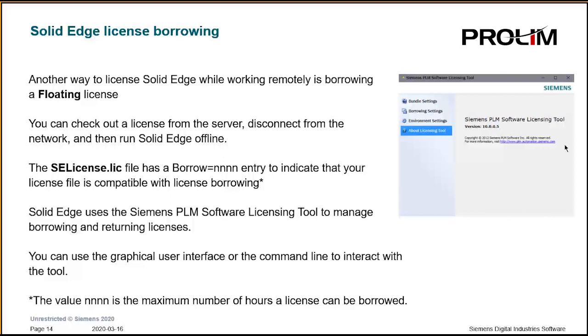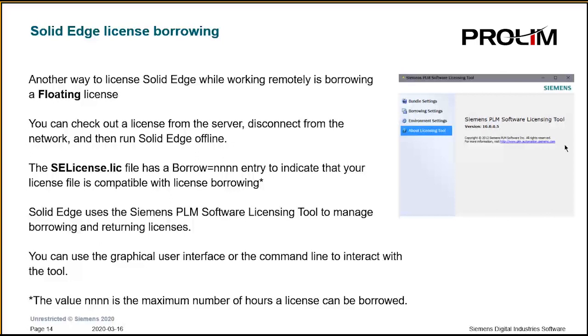The Solid Edge license.lic is the file that actually contains all licensing information. And it usually has the entry borrow equals n. So this entry indicates that your license file is compatible with license borrowing.